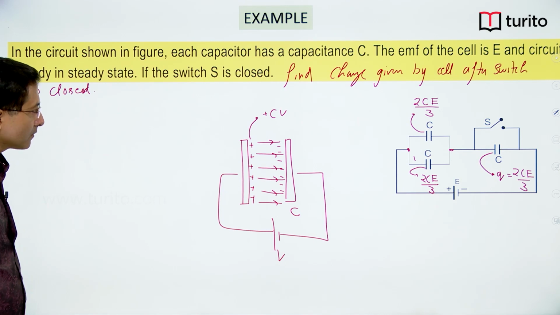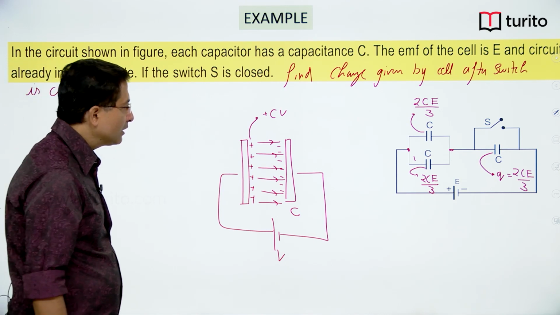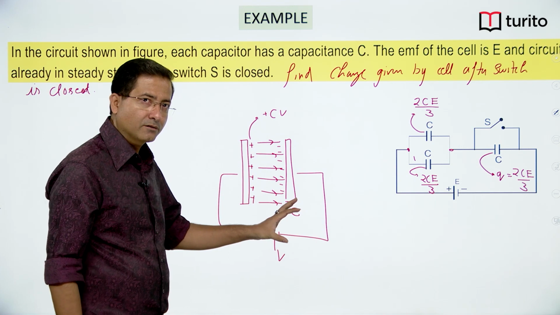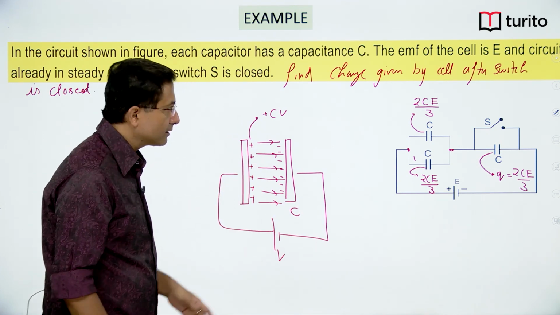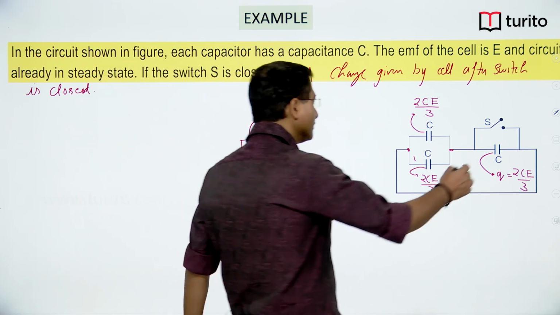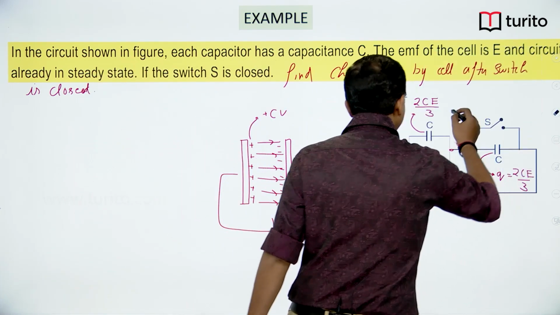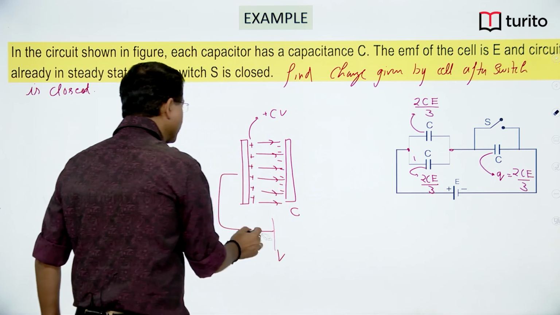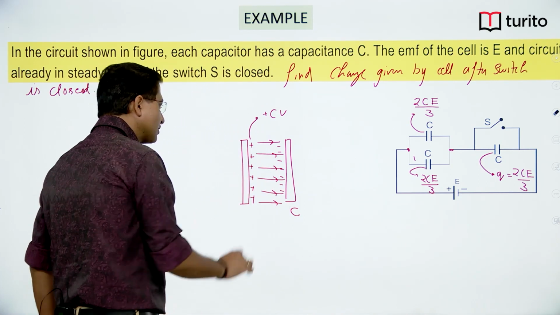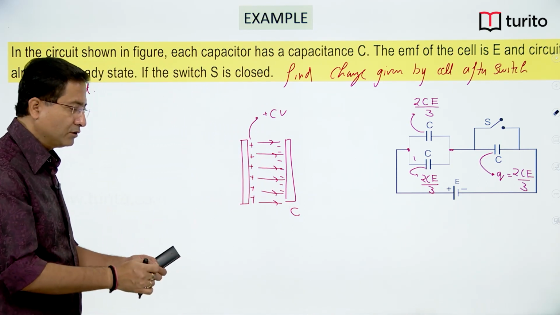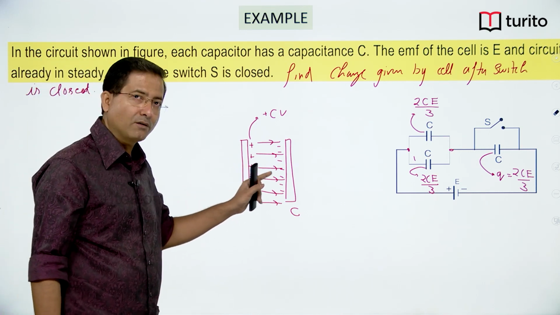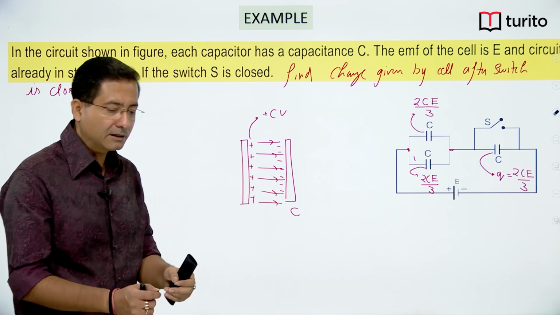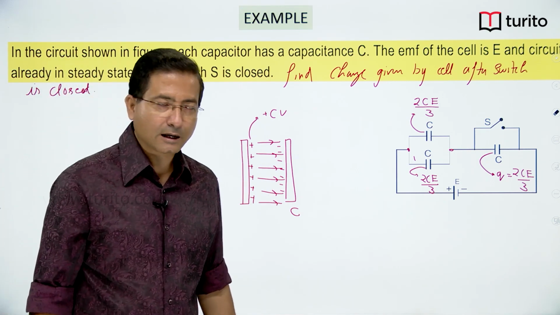Now if I disconnect it from the battery after charging it completely and remove the battery, the charge will stay on the capacitor. Once you fully charge the capacitor, there is no further flow after it becomes completely charged, and then you remove the battery, the charge will stay on the capacitor.